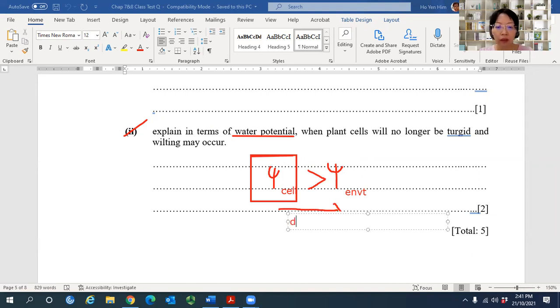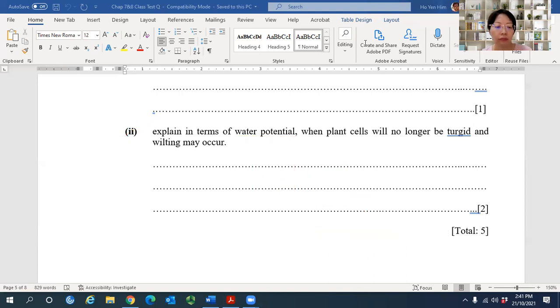This is when the plant cell will no longer be turgid, and then the plant will wilt. So that is answering the question using water potential.